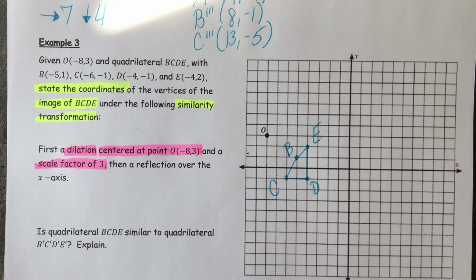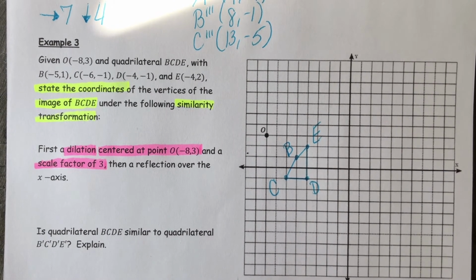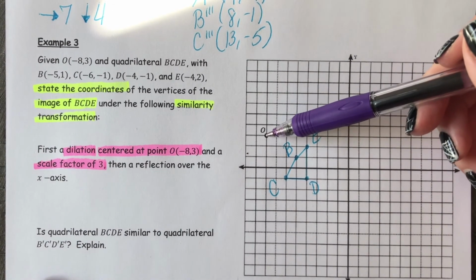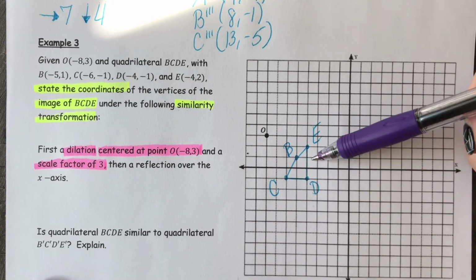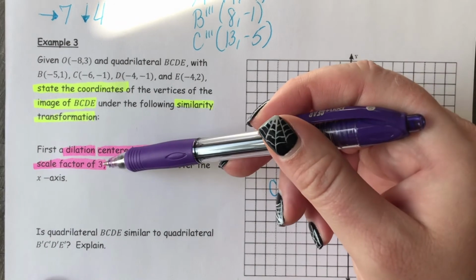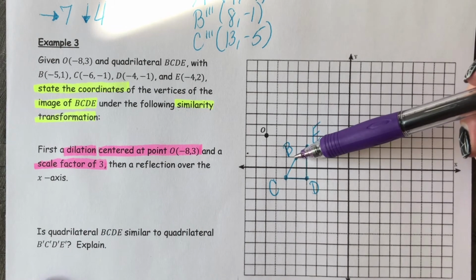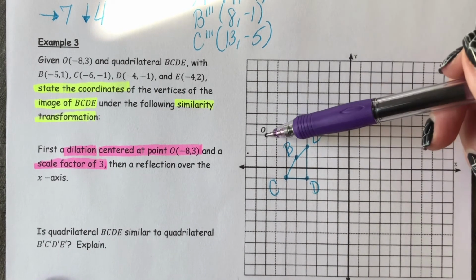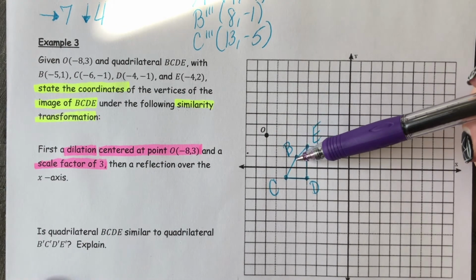If you guys remember back, I believe it was unit 7, right? It was right before this unit. We had learned how to dilate when the center is not the origin, okay? Since my center is O, I have to just use slope. Really, I'm just counting the boxes to get from O to any of these points, and then I have to do it as many times as the scale factor says. For example, if I want to get from O to B, just because I plotted B first, I have to go to the right 1, 2, 3, and down 2.